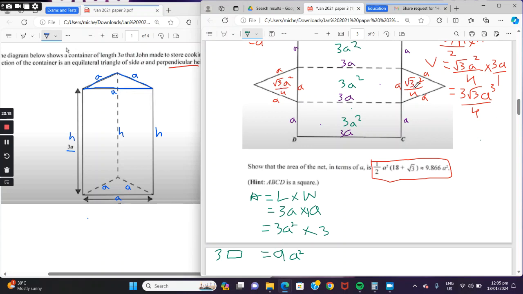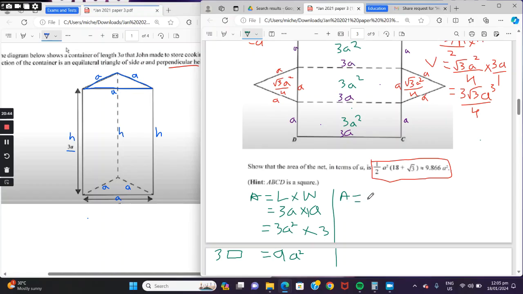And then we know the area of the, what do you call this again? We know the area of the two, well, we know each of the triangles. So what we could do, we can simplify the area of the triangles.